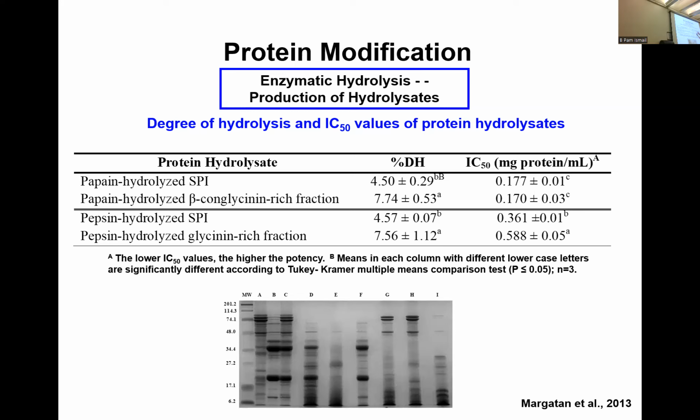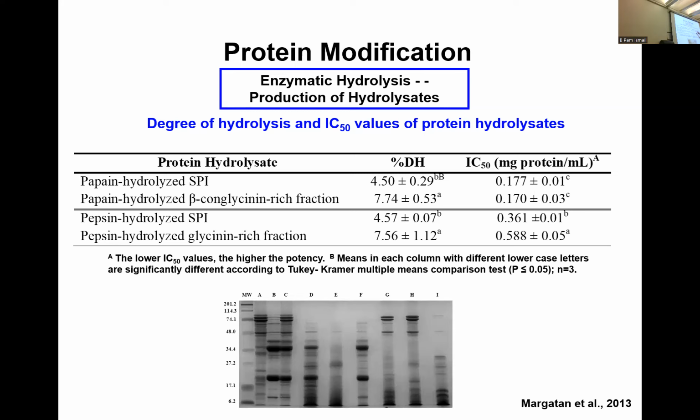And then we determined the concentration at which we get 50% inhibition of a compound that induces hypertension, okay? Which is inhibition of the enzyme in the body that leads to hypertension.